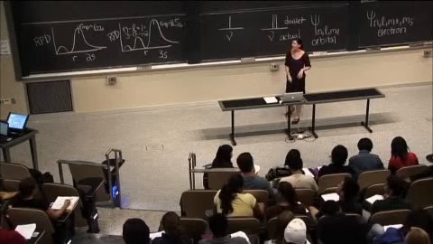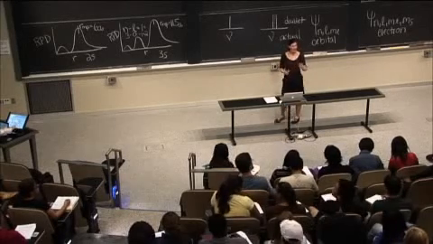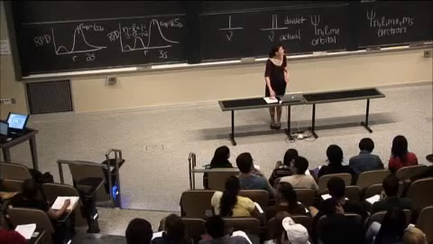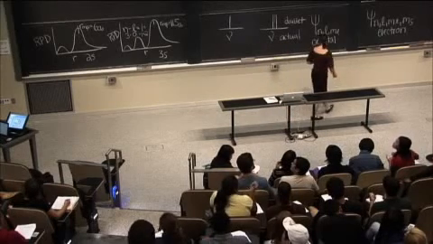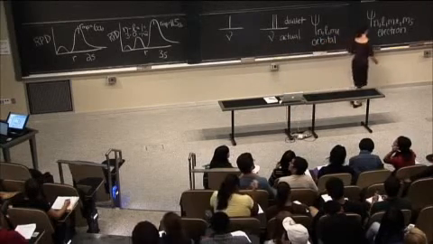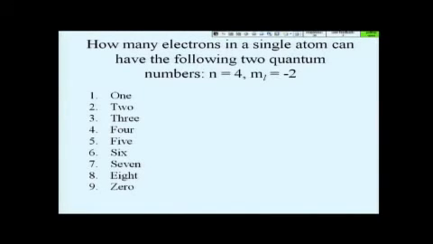So let's try a clicker question. And thinking about the Pauli exclusion principle, it might look a little bit similar to a question we just saw, but hopefully you'll find that it is, in fact, not the same question. So you can go ahead and take 10 seconds on that.